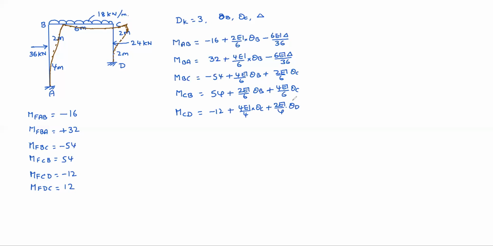See here in CD, the left side support is going up, that means the right side support D is going down. In CD you can observe it is like this. So left going up or right going down, both are the same. That means minus only, okay? Minus 6EI delta by L square, 4 square, it means 16.